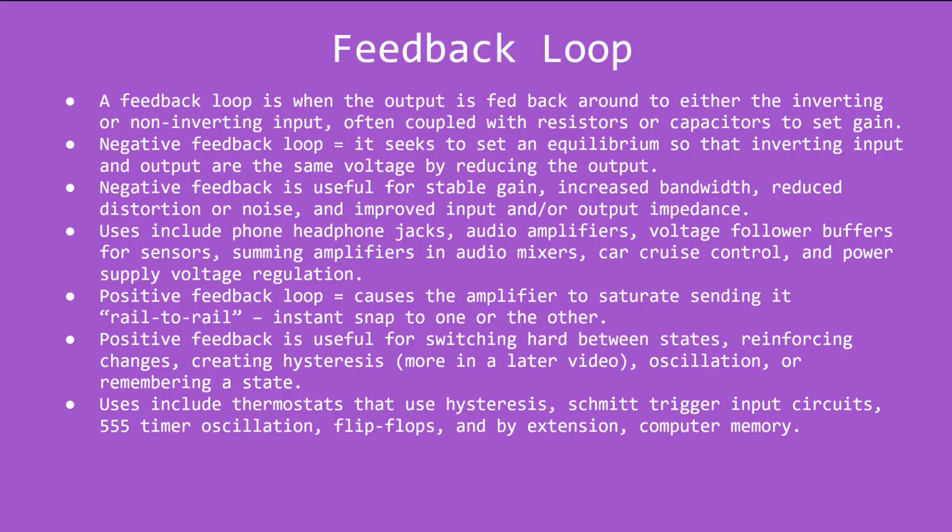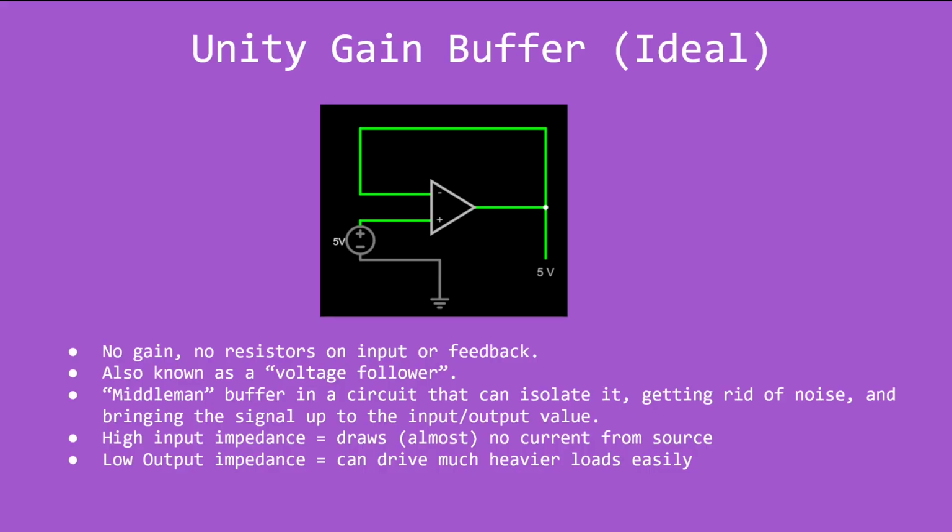Where this is useful is for switching hard between states, reinforcing changes, creating hysteresis, which we'll discuss in later videos, Schmitt trigger input circuits, again something we'll discuss in later videos, 555 timer oscillators, which again will probably have their own video, flip-flops, and by extension, computer memory. And as I said, and as you guessed, these topics are all covered in later videos.